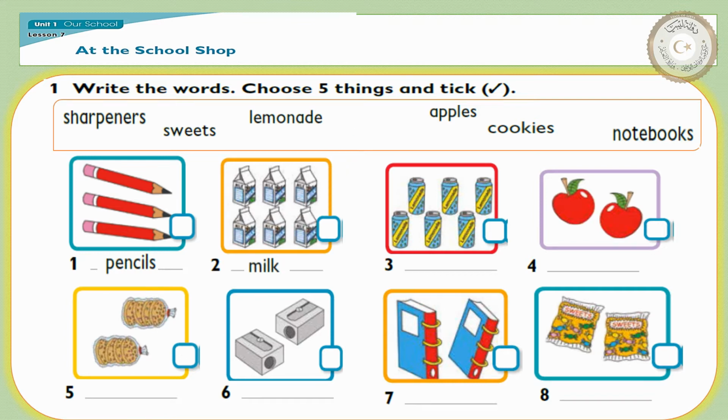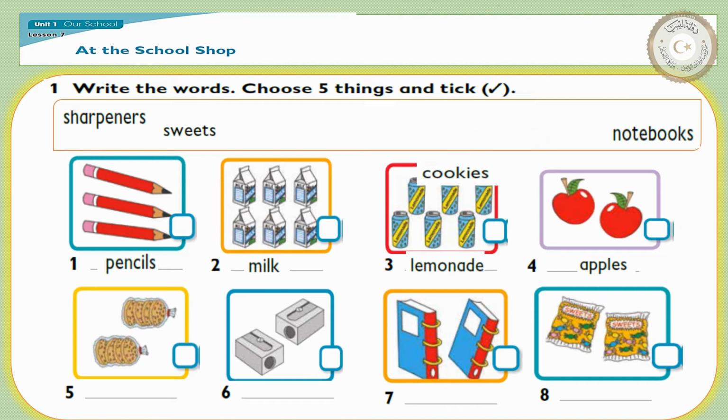Milk. Okay. What about number three? Lemonade. What about number four? Apples. Good. What about number five? Cookies. Excellent. It is cookies. Number six.